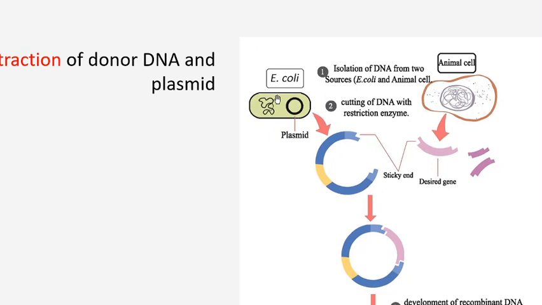For example, this E. coli bacteria has a main nuclear material, but along with it we notice a circular segment of DNA that is called extranuclear DNA. That is not essential for the E. coli bacteria, but it provides some genes which help the E. coli bacteria to survive in adverse conditions.